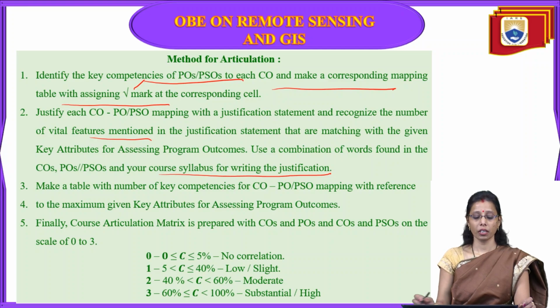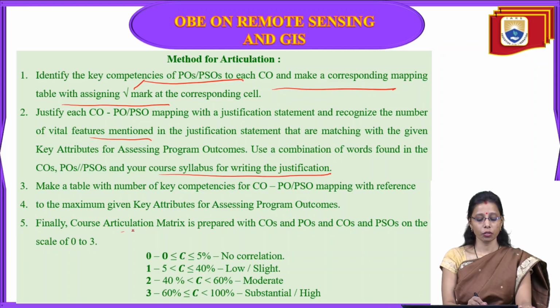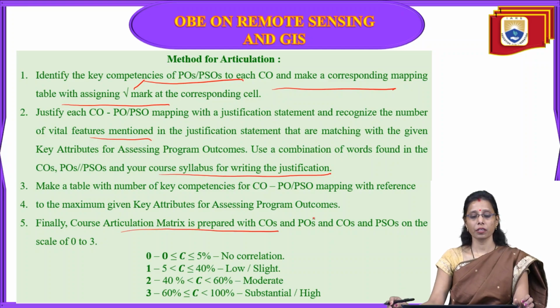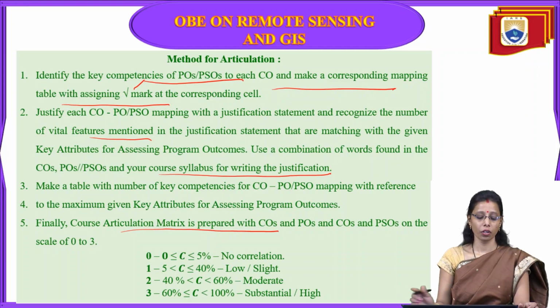So make a table with the number of key competencies for CO, PO mapping with reference to the maximum given key attributes for assessing the program outcomes. Finally, the course articulation matrix is prepared with COs and POs and COs and PSOs on the scale of 0 to 3.